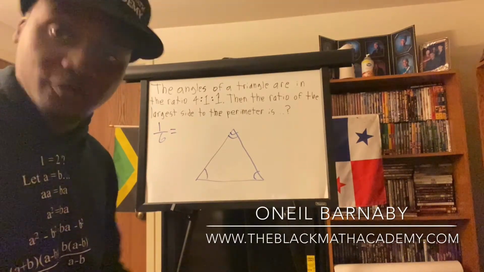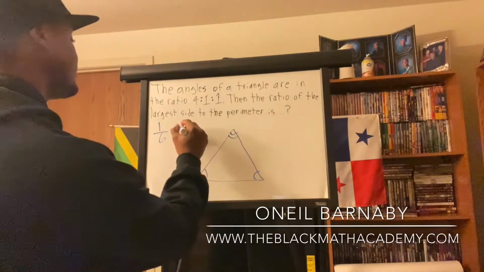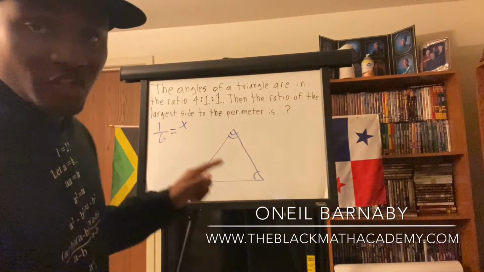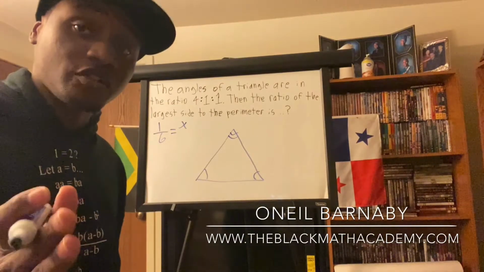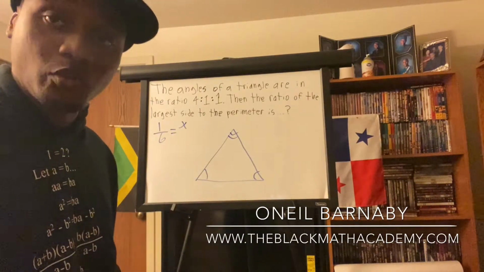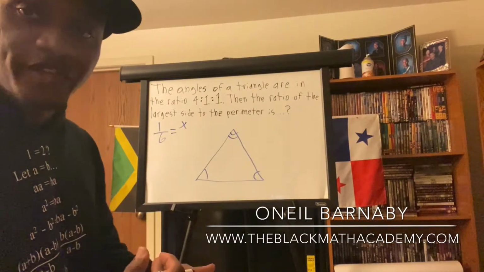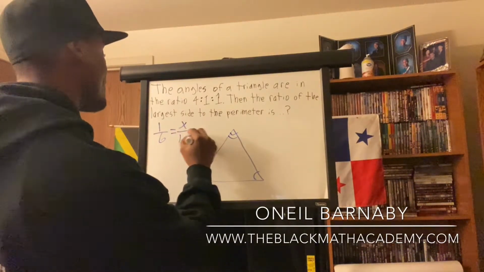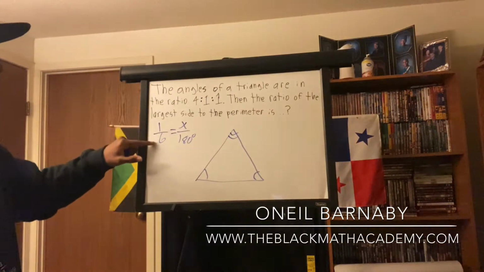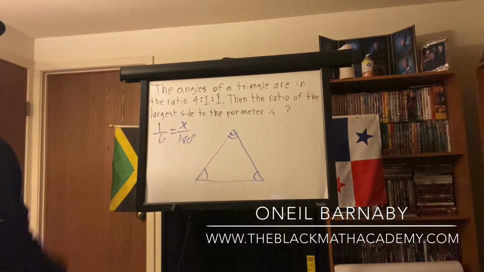You call it x, or whatever variable you want to use. Now 6 is going to represent the total number of angles in a triangle. Now that value we actually do know. All triangles add up to 180 degrees. So we can use that to figure this out. So 1 over 6 is equal to x over 180.